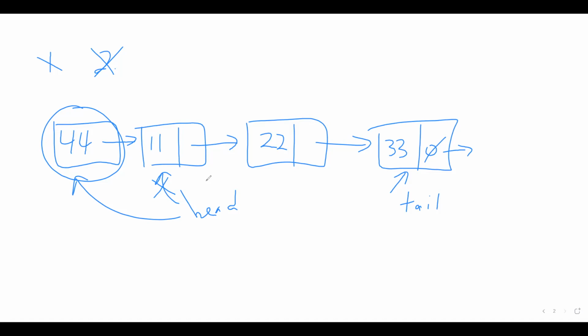So I think option number 2 would not be a great idea. It would work, we can make it work, but it would not be efficient to pop elements off the stack, because removing from the end of a singly linked list takes linear time. So the better approach is option 1, where we add elements to the front of the list and remove elements from the front of the list.